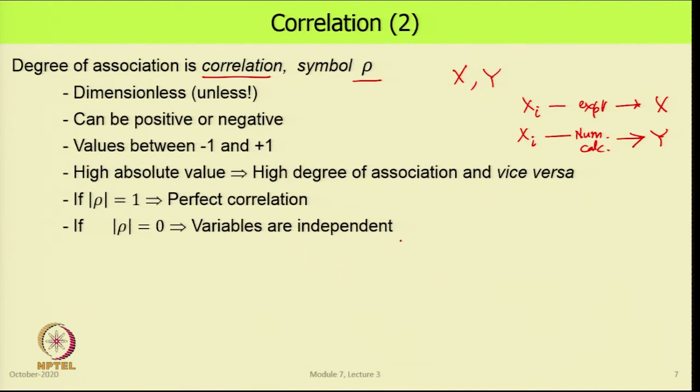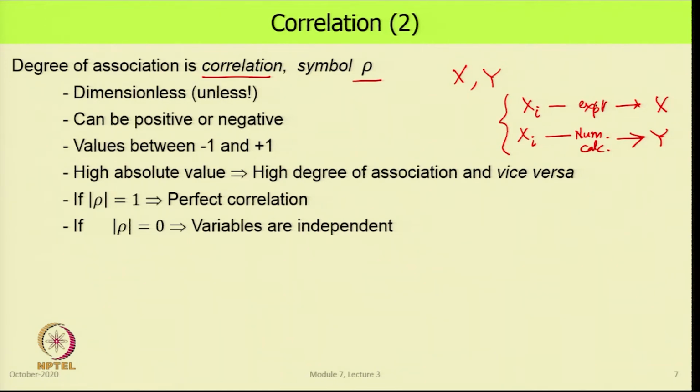In this case rho will then be dimensionless, but if we are correlating xi with some other parameter which has some other dimension, or with some result which has other dimensions, then rho will not be dimensionless, but generally one does not do that.